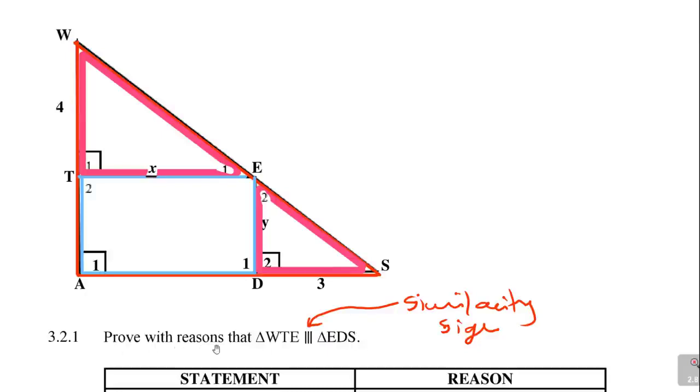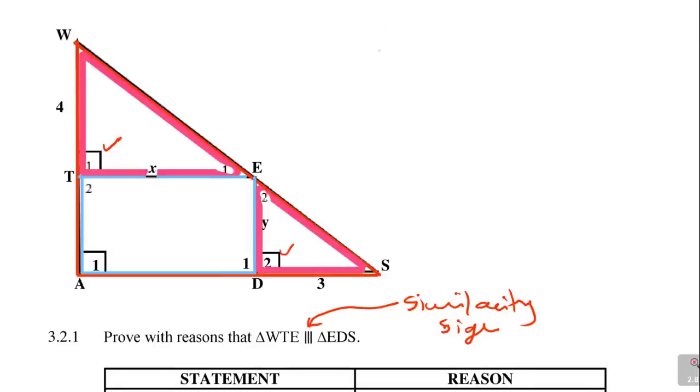So how can we approach it? It says prove with reasons that triangle WTE is similar to triangle EDS. Alright, so let's first of all see what information we have. Look at this. The first one that I pick up, there is a right angle, there is a right angle. You see?